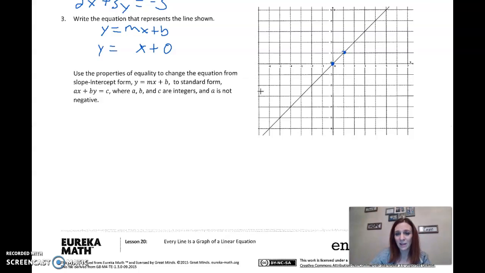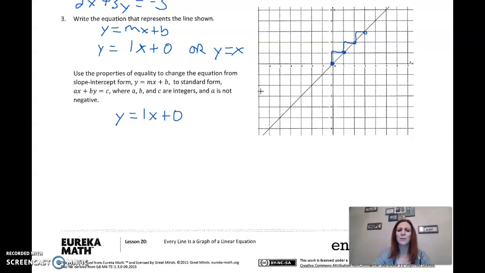Well, I'm going up 1 over 1. So it's just 1. 1 over 1 is just 1, okay? Or we really can just write this as y equals x, because 1x plus 0. But anyway, let's take this y equals 1x plus 0 and let's put that in standard form.